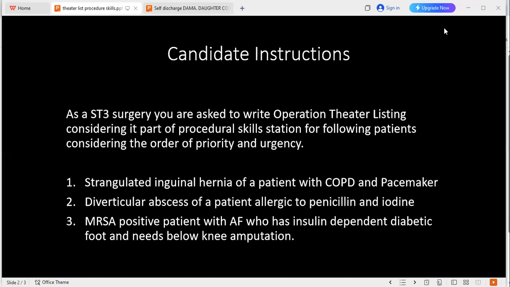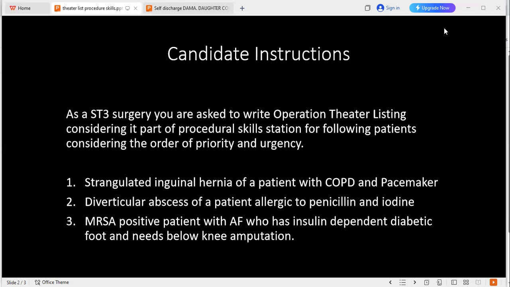The patient should be given another antibiotic apart from penicillin, for example vancomycin or cefazolin. And instead of iodine, what can you use? Chlorhexidine gluconate. All right.